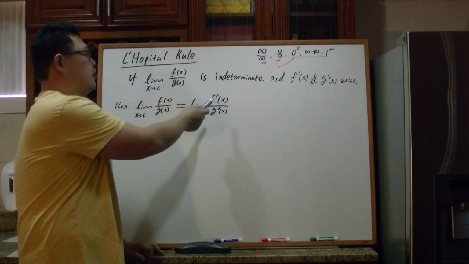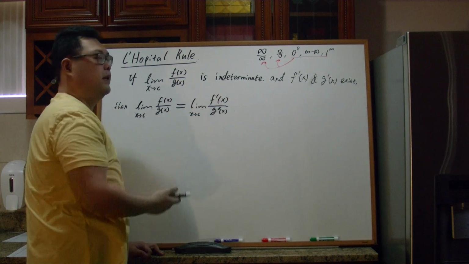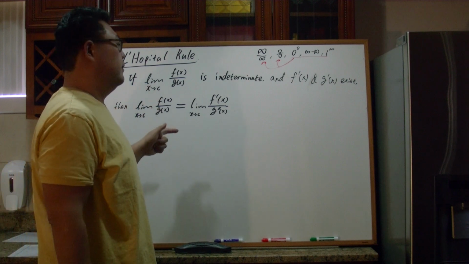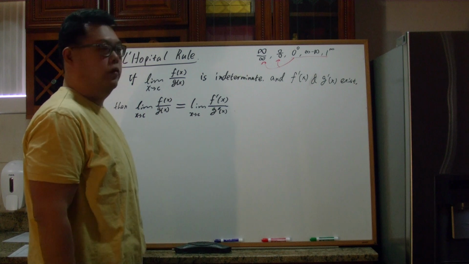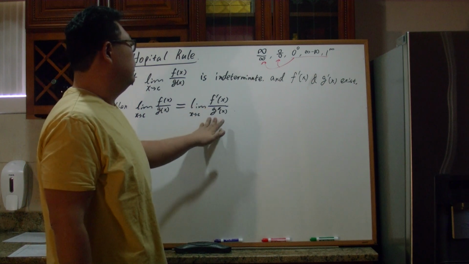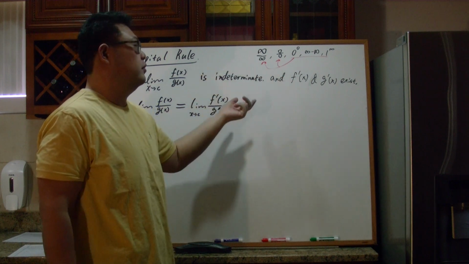If the original function is indeterminate, and f prime and g prime exist, then we can apply the derivative to each numerator and denominator. Then we get a new limit. Maybe doable, right? But if the new format is also indeterminate, then we can apply the L'Hopital rule again.